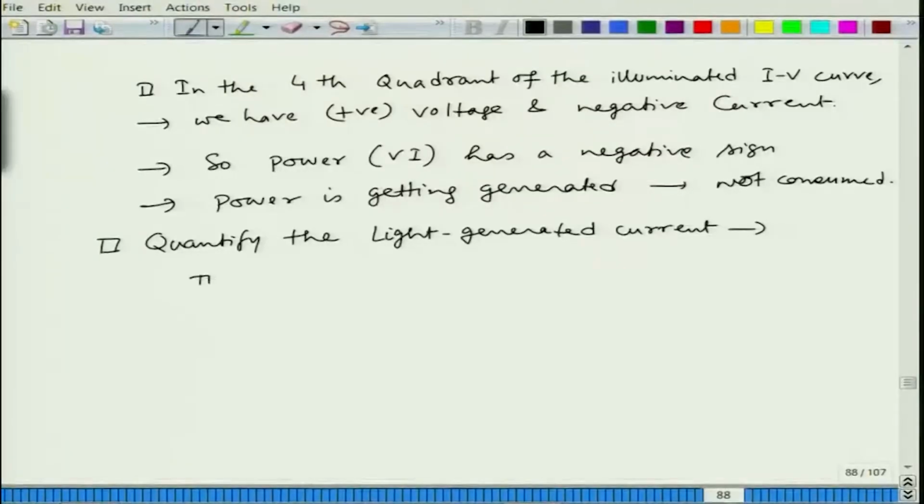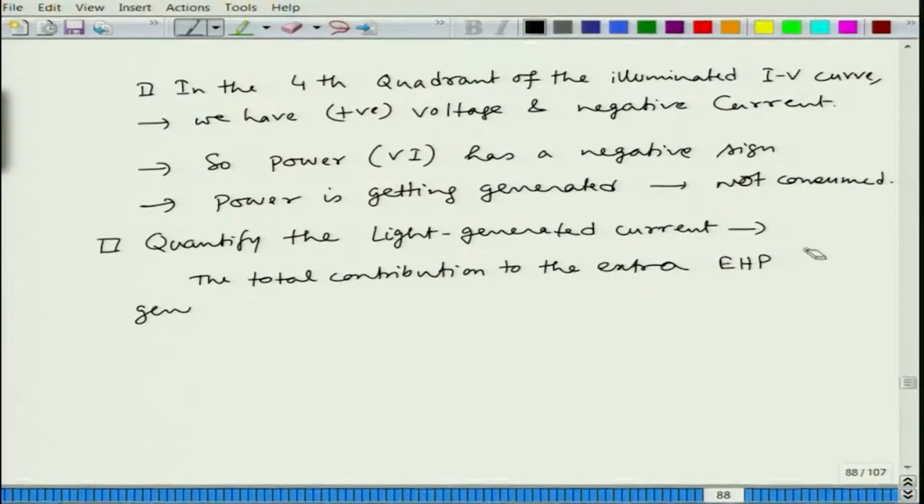So, the total contribution to the extra electron hole pairs generated due to illumination, okay, is the total contribution to the drift current.